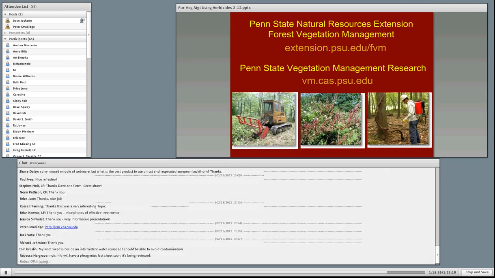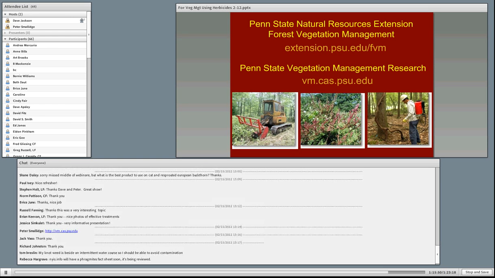The best time to treat Ailanthus is late growing season. So late summer, early fall, prior to a frost, while the plant is still translocating, and particularly it's moving a lot of nutrients and sugars and starches down into the root system. And so late season applications on Ailanthus are a must.